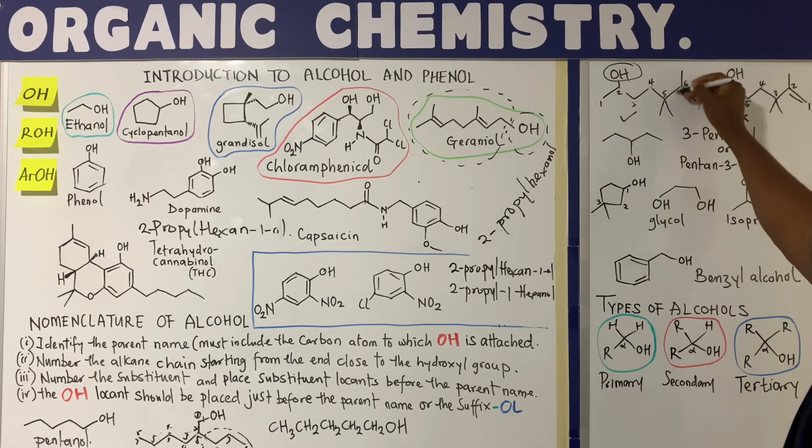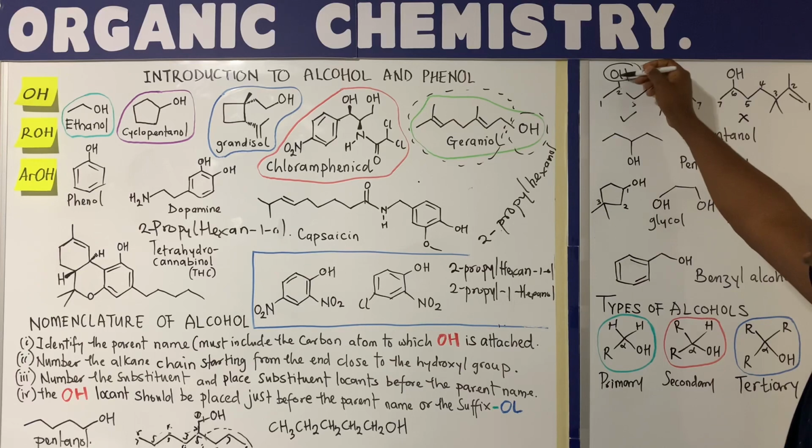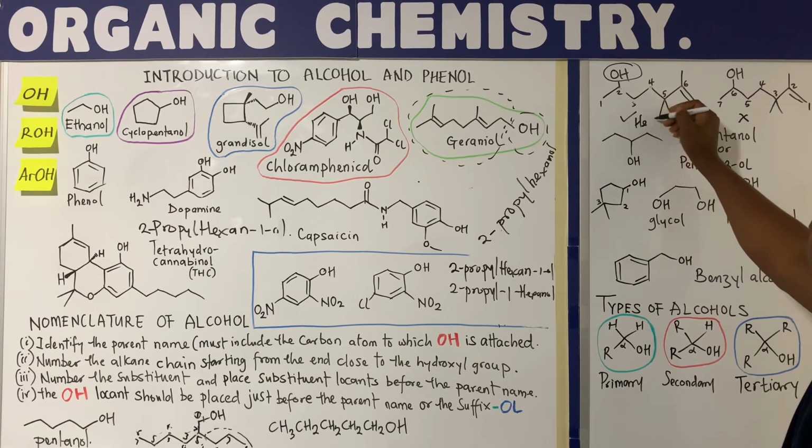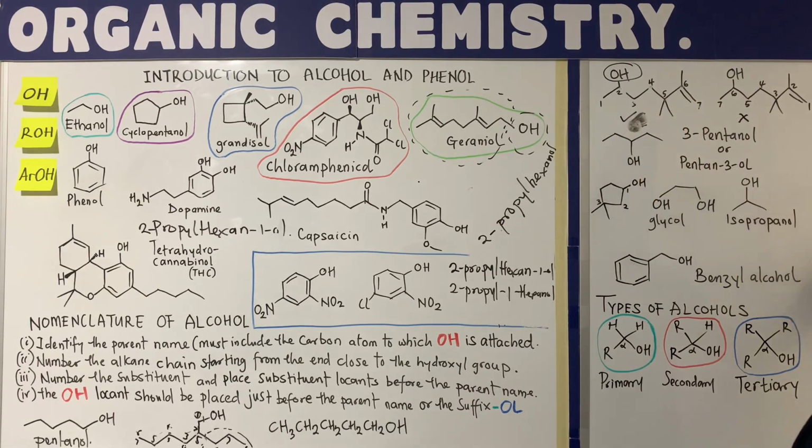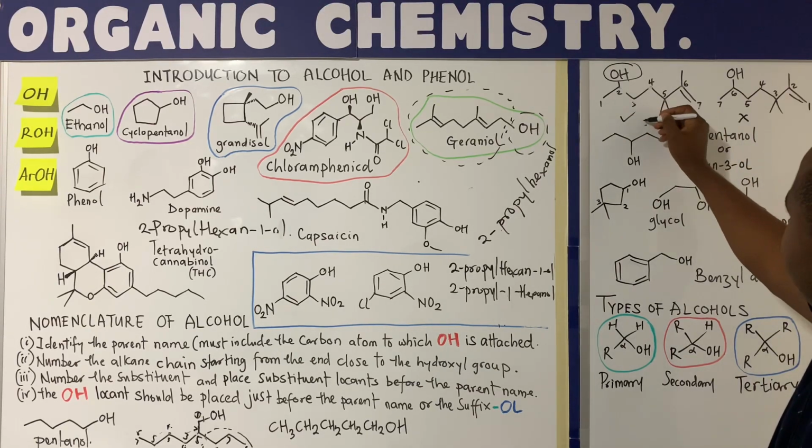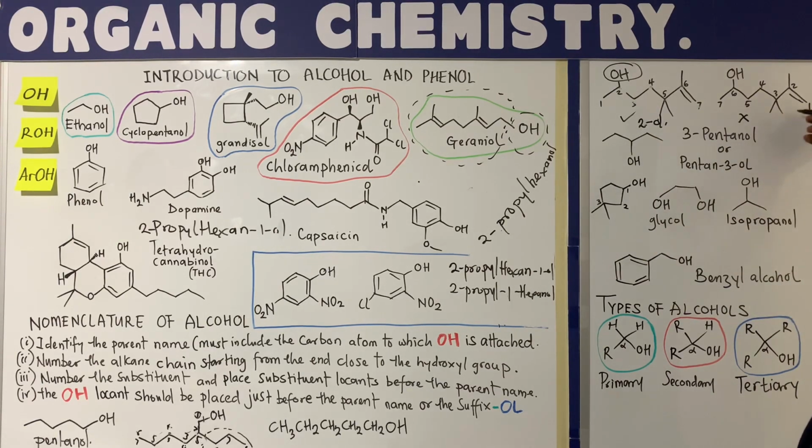Heptanol, because we have an alkene group here, but the -ol will take more priority, and that will put this compound as ending in 2-ol, whereas this one, naming it from this side, we put this OH as 6-ol.